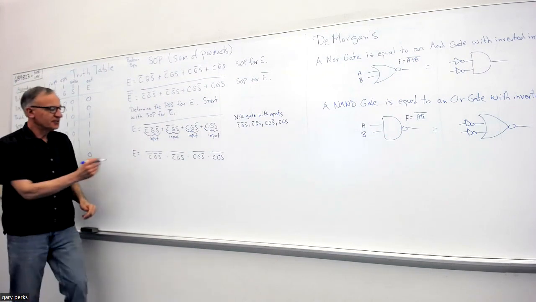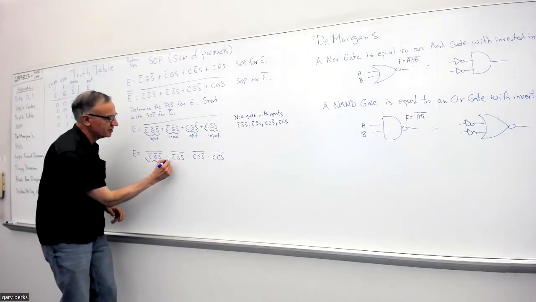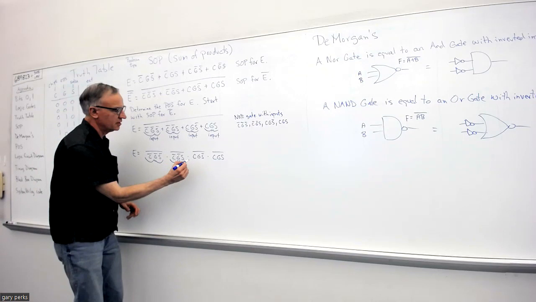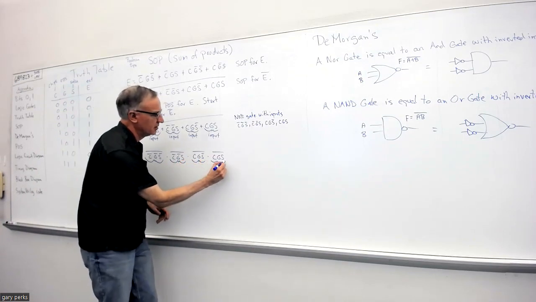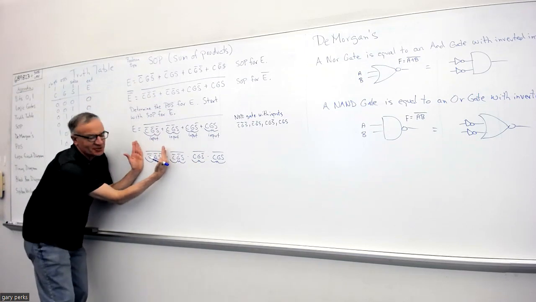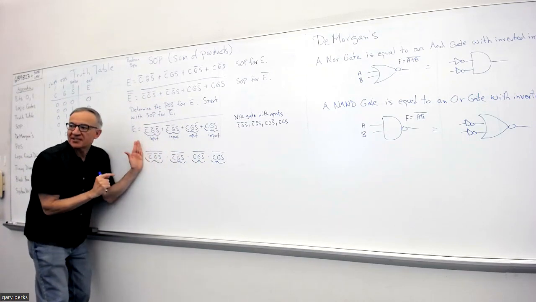Okay, well now, just look at each one of these terms. Just look at one of these terms, like right here. We're taking this input, ANDing it with this input, ANDing with this input, and then inverting the whole thing.